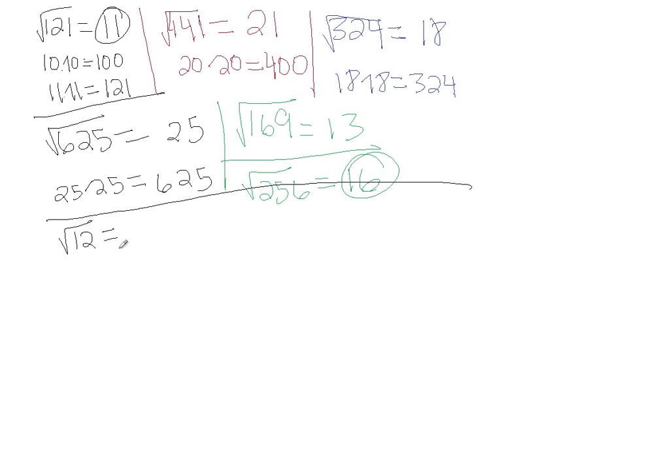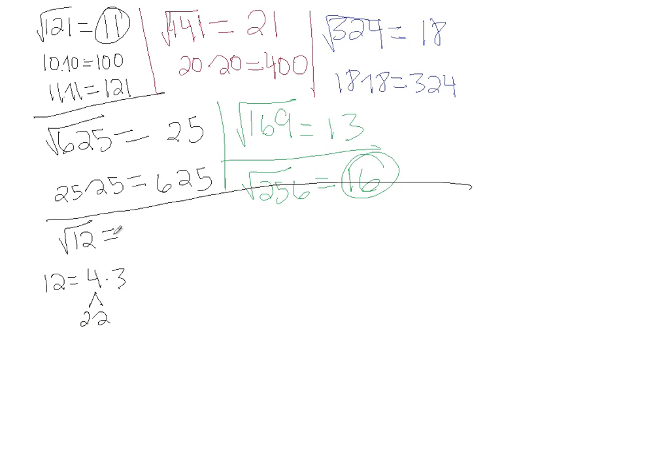So what are we talking about? We know that 12 can be written as 4 times 3. When we have a number that we want to know the square root of, but it's not a perfect square, we want to write it as a product of a perfect square and another number. 4 is a perfect square because 4 can be written as 2 times 2.